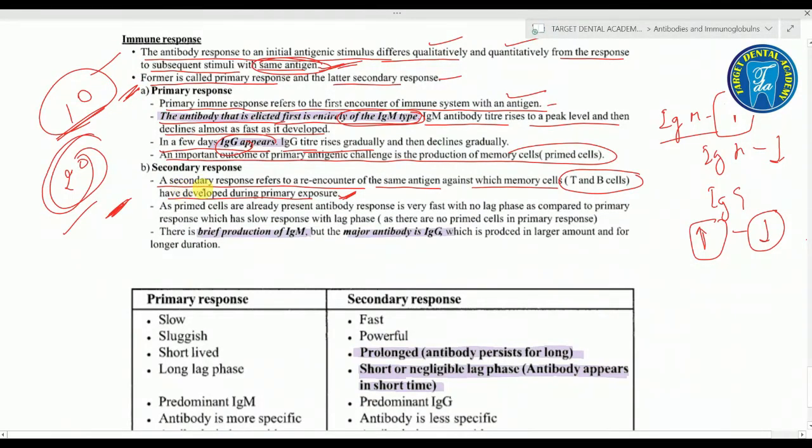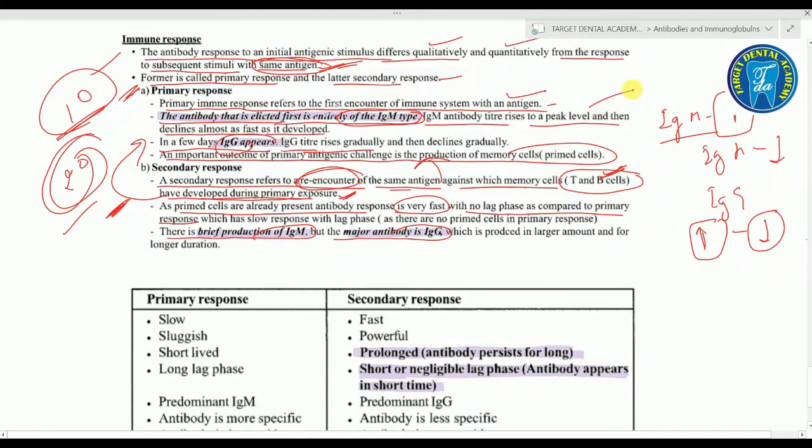As the primed cells are already present, the antibody response is very fast and there is no lag phase as compared to the primary response. There is a brief production of IgM, but the major antibody is IgG.